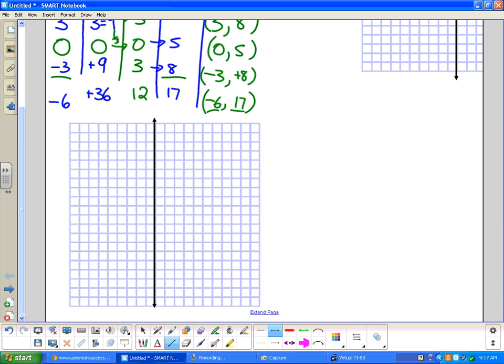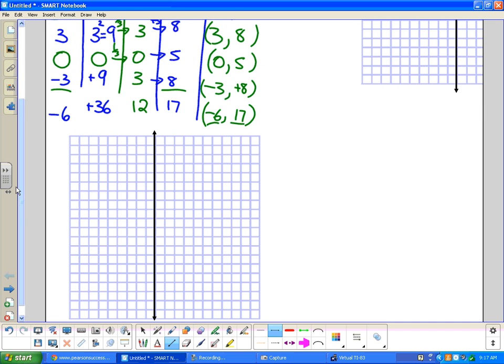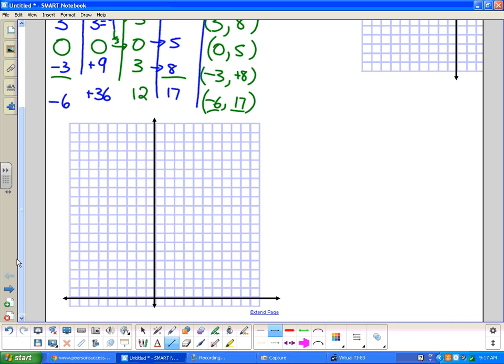Since we're going to be up to 17, and this is what, 10? 1, 2, 3, 4, 5, 6, 7, 8, 9, 10. So this graph paper goes to 20. And our lowest x value is -6. So I can make my axes right here. Just like that. This is my x-axis, this is my y-axis.